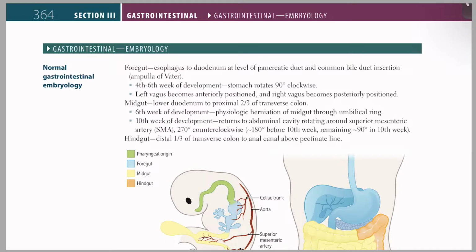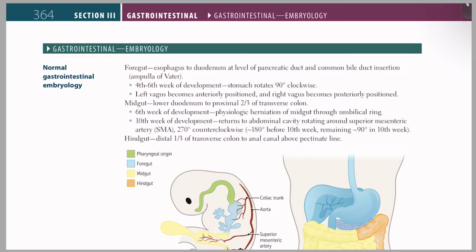Midgut: lower duodenum to proximal two-thirds of transverse colon. 6th week of development, physiologic herniation of midgut through umbilical ring. 10th week of development, returns to abdominal cavity rotating around superior mesenteric artery, SMA, 270-degree counterclockwise, 180 degrees before 10th week, remaining 90 degrees in 10th week.